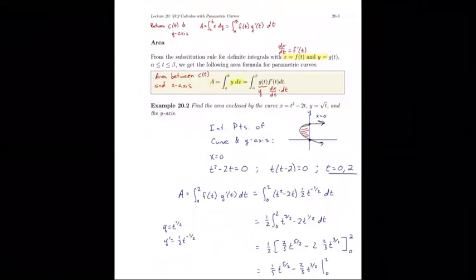This is sort of generic notation. Y is some function of x, and we integrate with respect to x. And this is to find the area between a given curve, which is y equals f of x, possibly though written parametrically, and the x-axis, as we see here, between c of t and the x-axis.